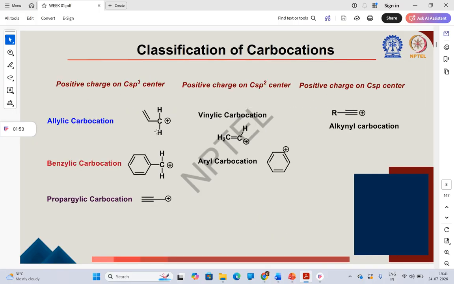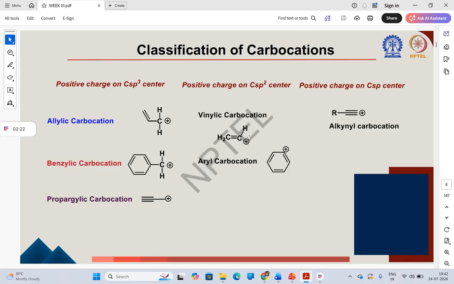Then next, the allylic carbocation is also there, where the carbon next to the double bond is the carbocation. In a benzylic carbocation, the carbocation is next to the benzene ring, the phenyl ring. If the carbon next to the triple bond is a carbocation, it is called a propargylic carbocation.